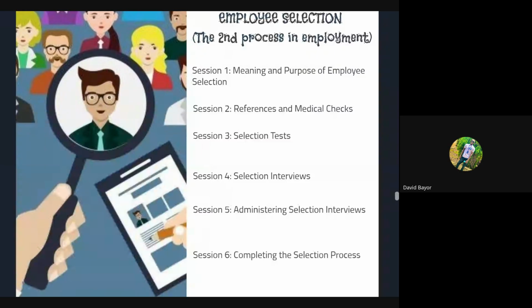Careful selection is also important because of the legal implication of incompetent hiring resulting in unfair discrimination against protected groups, as already discussed in Unit 2. Furthermore, the courts are increasingly finding employers liable for negligent hiring.